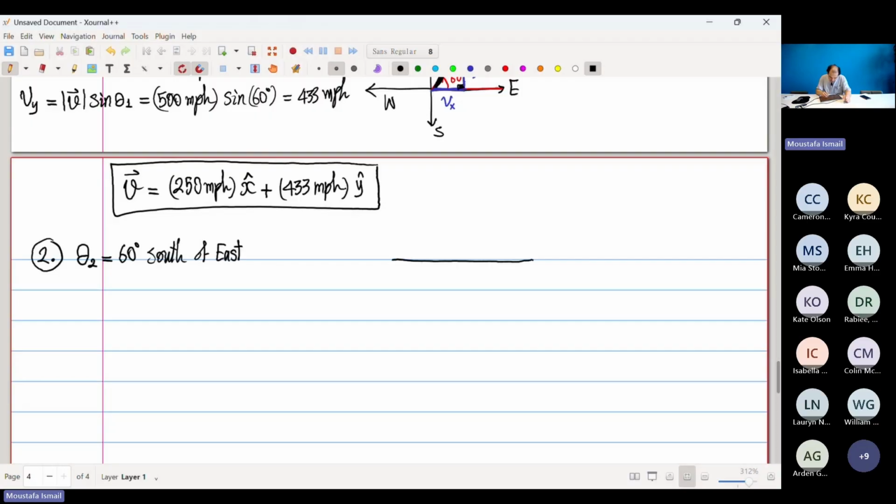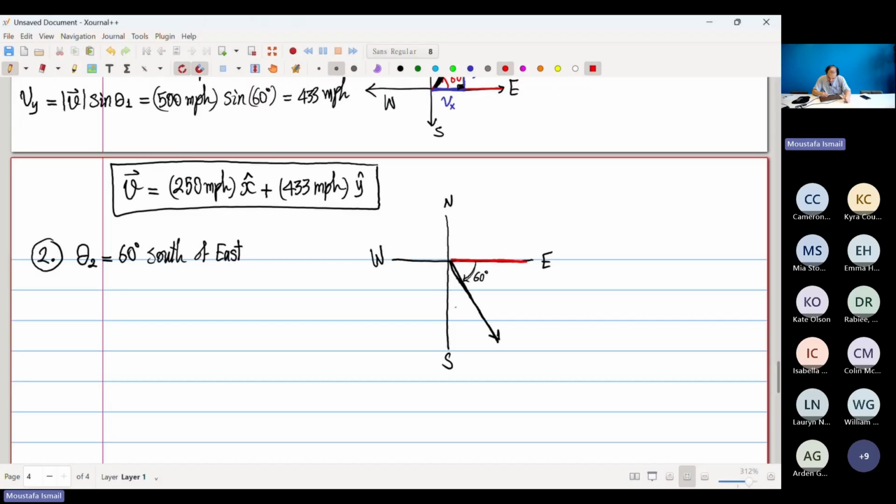So our formulas will be a little bit different. But let's draw that anyway. East, north, south, west. We start from east again, but south of east. So we go all the way here south until we get to 60 degrees. So this is 60 degrees south of east.